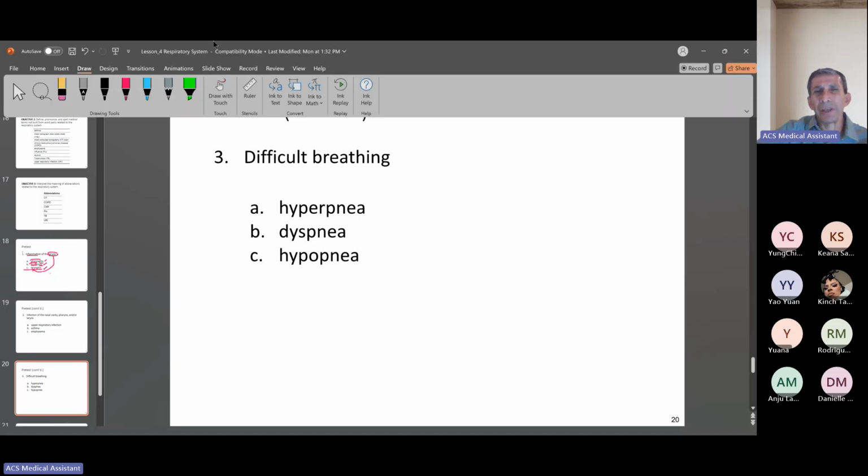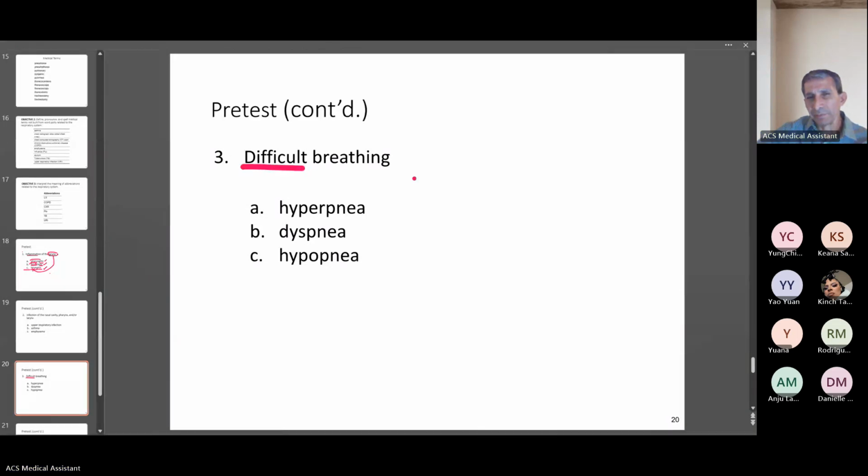Okay, so we're talking here about the prefix. The key is this, because all of them have breathing, see? Nia, nia, nia. So we just need to know hyper means you breathe in too fast. Hypo, you breathe in too slow. Okay, what is left? So try to figure out first the ones that you know do not apply. Whatever is left, chances are you have 50% or 75% chances of getting it right.